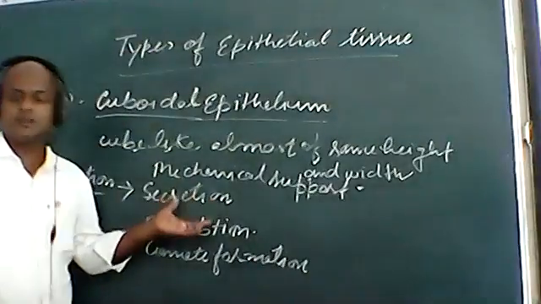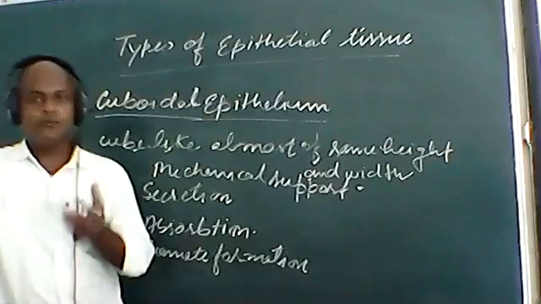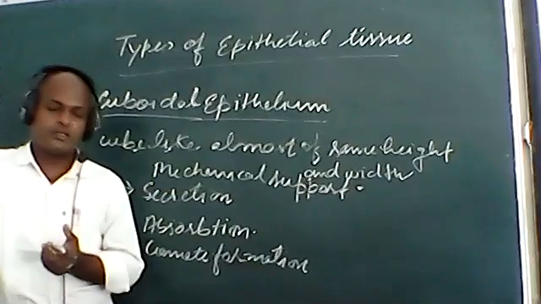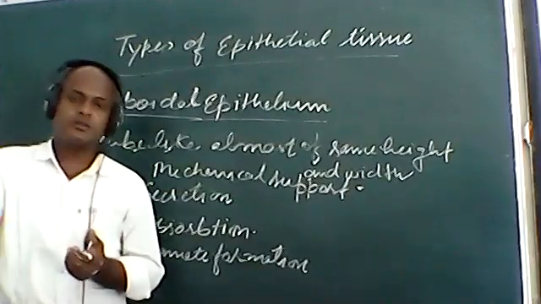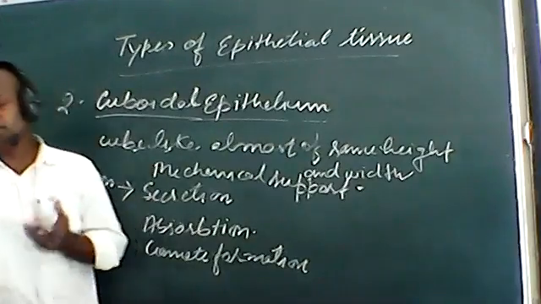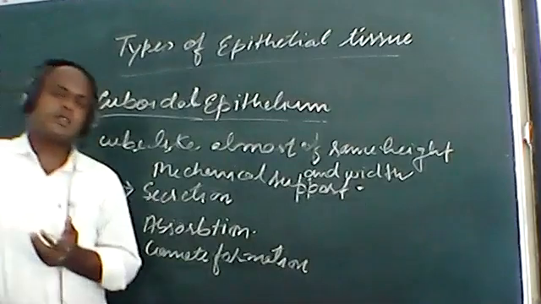After that, the second one is secretion. As we have studied, it is helpful in the secretion of different types of digestive enzymes. It is also helpful in the secretion of saliva, because it is present in the salivary gland.